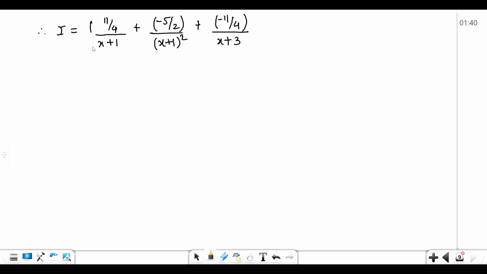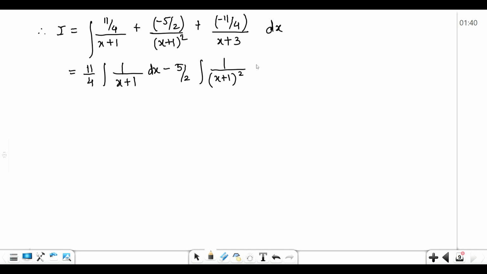Okay, integration, and this will be dx. We'll take individually integration. So 1 upon x plus 1 dx minus 5 upon 2 integration 1 upon x plus 1 the whole square dx minus 11 upon 4 integration 1 upon x plus 3 dx.